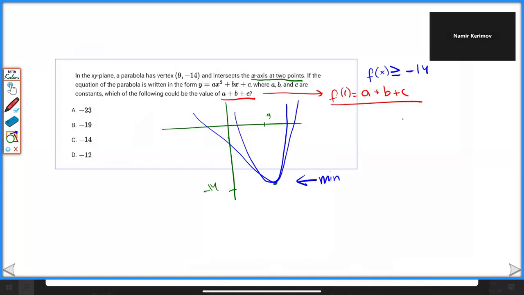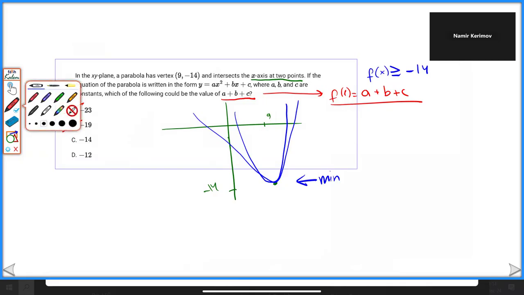So we know that when x is 9, the minimum value will be negative 14. First, the values cannot be less than negative 14. So it cannot be negative 23 and negative 19.